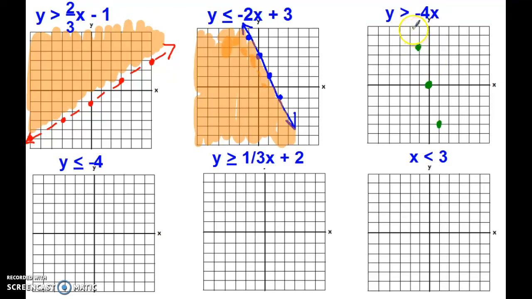And then we have a dashed line. This says y is greater, so where is the greater region? We shade above the line.